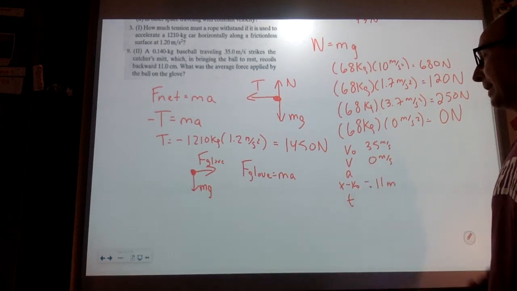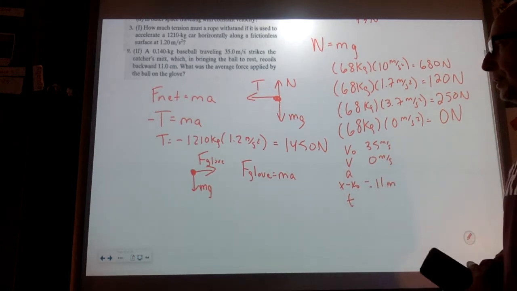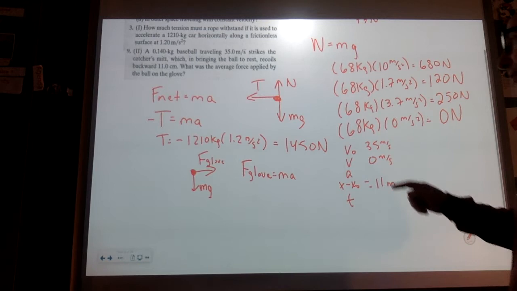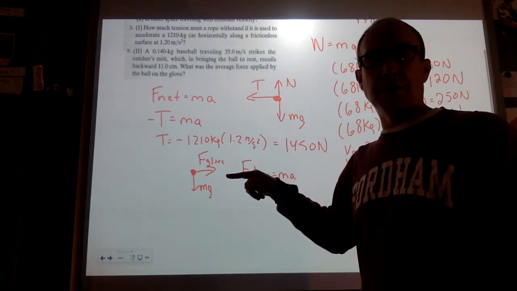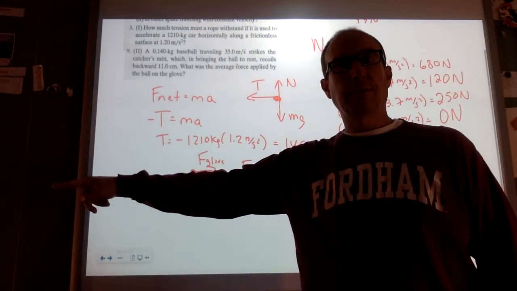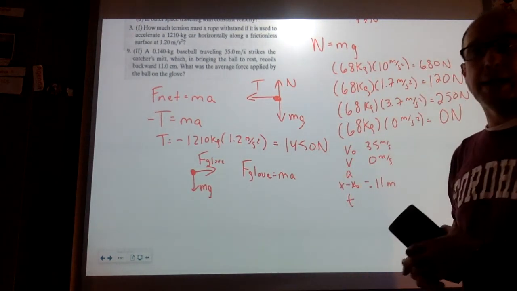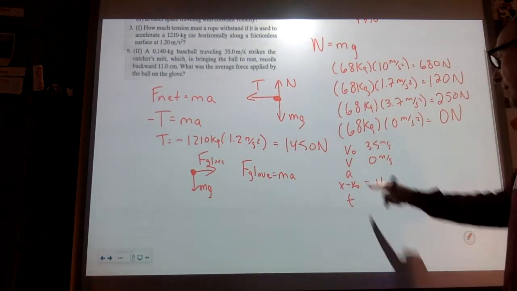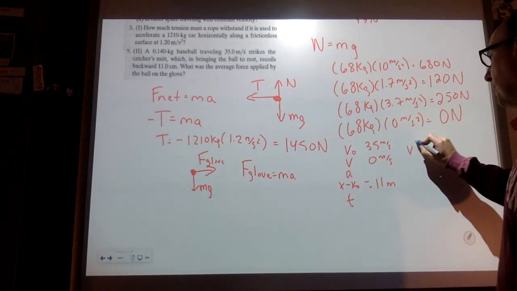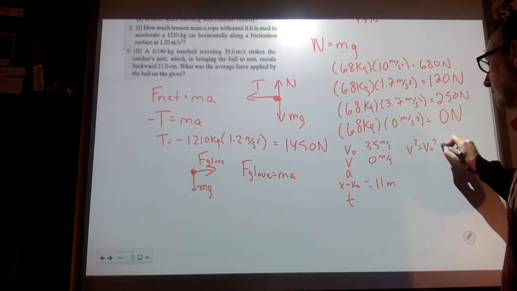This should be negative because the glove is going to displace that way as it's giving a force this way, right? If you're catching something, you're going to go back slightly. So I can get my acceleration from kinematics.